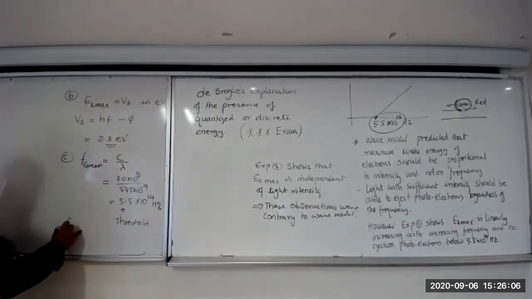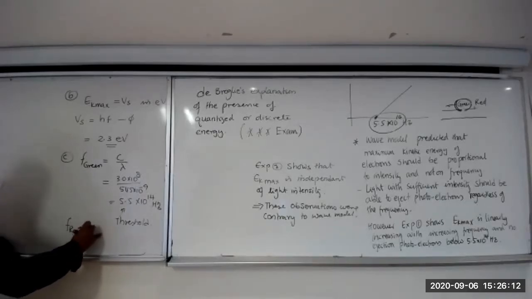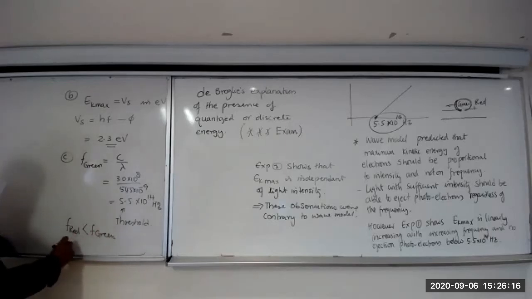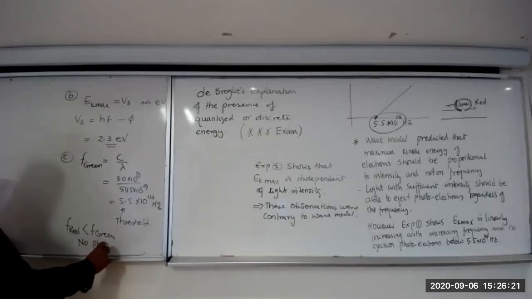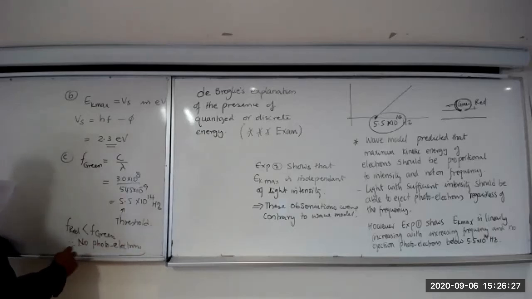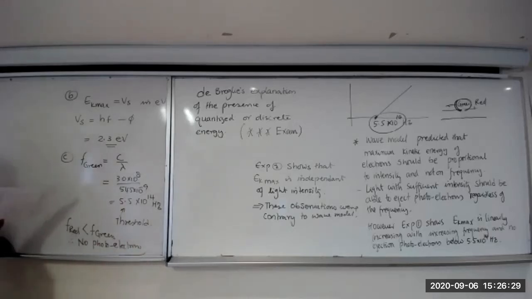The frequency of red is smaller than the green. Therefore, no photoelectrons are ejected. No photoelectrons will be ejected.